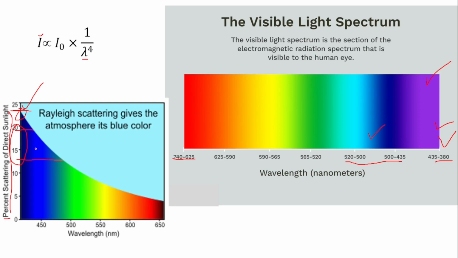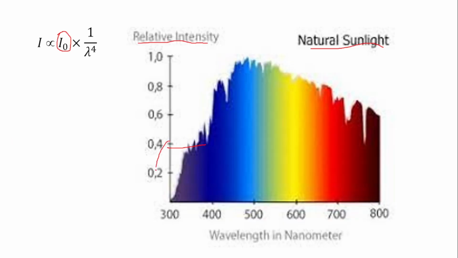So to see this, let us observe this quantity in the visible spectrum, and that is going like this. This plot shows the relative intensity of different colors in natural sunlight, and we see over here the intensity of violet and indigo is very small as compared to the intensity of blue light, which is typically 1.